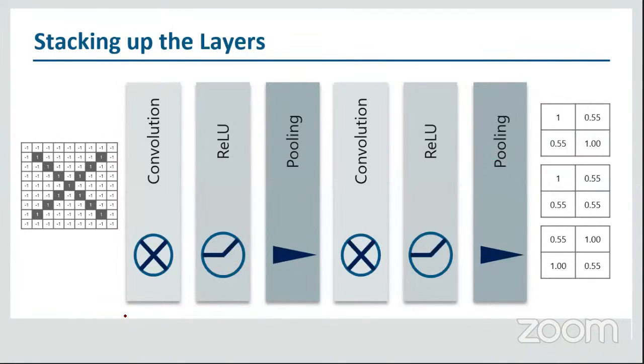This is iteration 1, this is iteration 2. So a 9 cross 9 predominantly came down to a 2 cross 2.